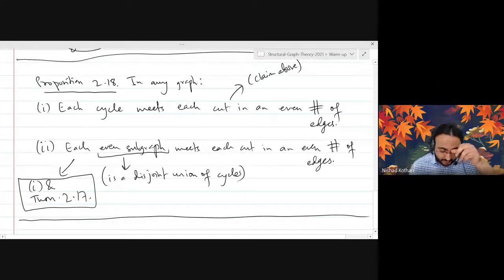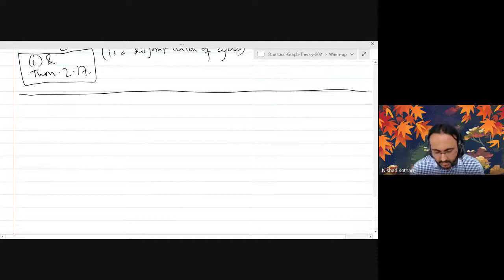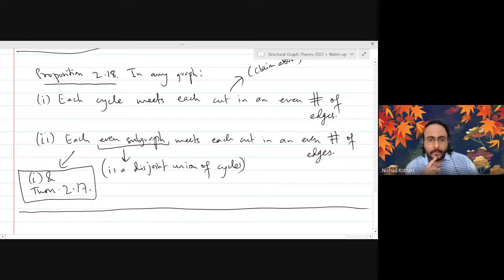Okay, great. If not, what we have not shown yet is that the cuts of the graph form a subspace. Remember, in the case of even subgraphs, we showed that the symmetric difference of any number of even subgraphs is an even subgraph. But we have not yet shown that for cuts.